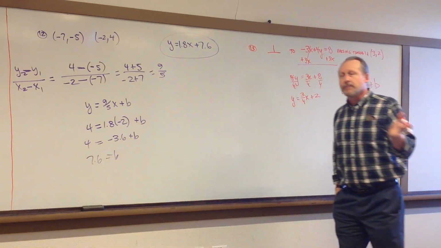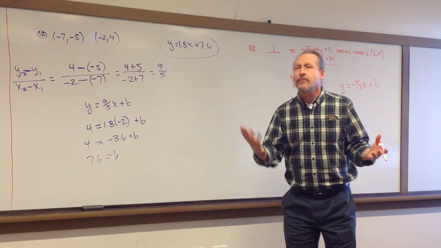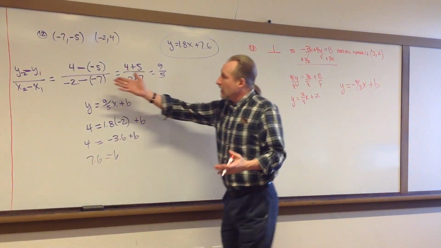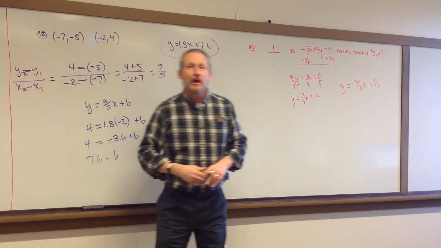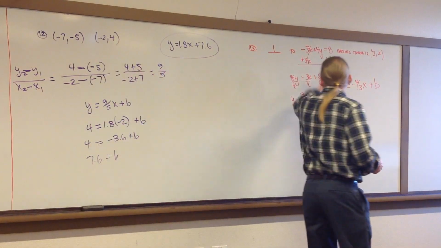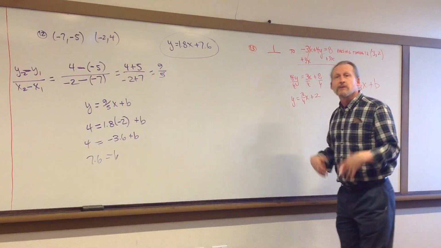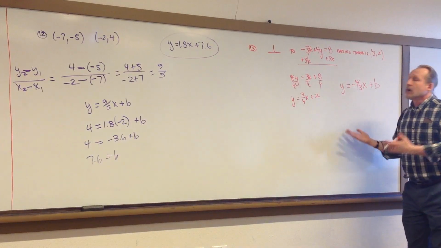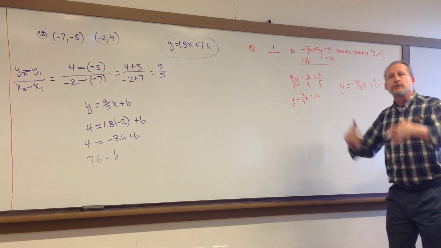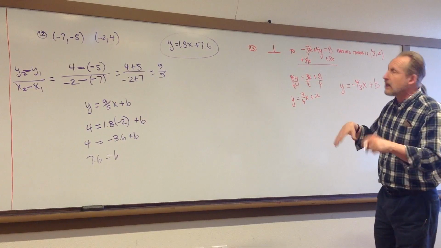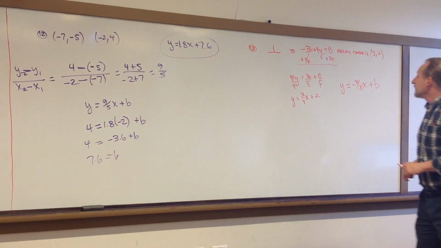Okay, this stuff about parallel and perpendicular lines is not part of your formula sheet. The slope formula is, but the stuff about parallel and perpendicular lines is not. So if you'd like to remind yourself of how exactly that works, you can make a note to yourself on that 3x5 card and bring that with you to the final.